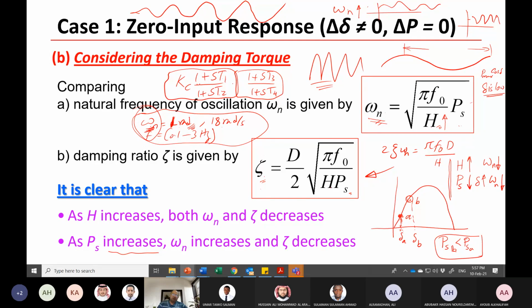We need to design the controller to respond at this oscillation frequency with the phase lead that we need to compensate the phase lag, as we will discuss in more detail toward the end of the course. So we need this omega n. Did I answer your question? Yes, doctor, yes. Okay. Thank you. Thanks. Okay.